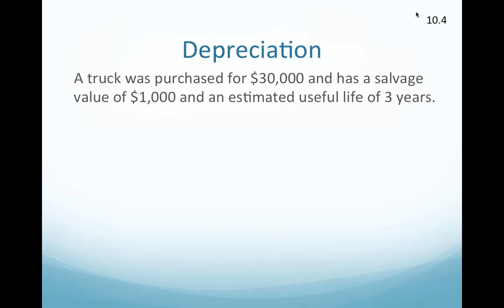I just need to see the steps, the problem, how you would set the problem up. Okay, thank you, Julie. Julie has 30,000 minus 1,000 divided by 3. Okay, thank you, Jennifer. 1,000 subtracted from 3.